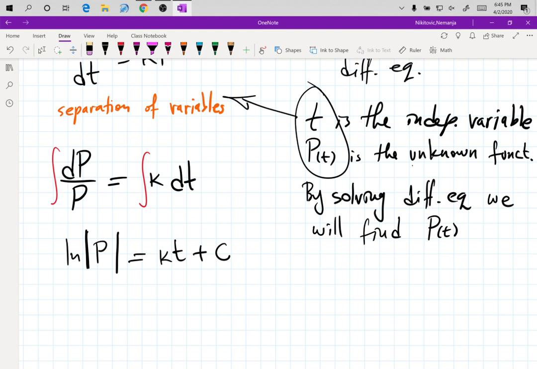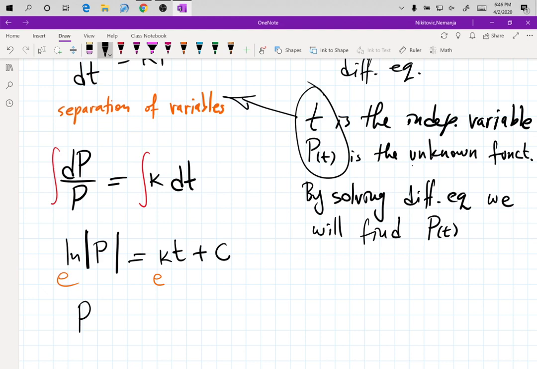All right, so to solve for p alone, ln is bothering it, therefore we are going to exponentiate both sides with e. There we go. And we are going to get that our p, we don't need absolute values anymore because there is no ln. Plus, you're not going to deal with negative population. What does it mean to have a population of negative 10?